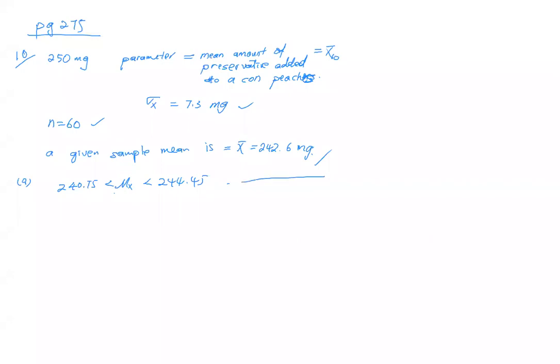I just want to let you know, if you want to round, this is your confidence interval. This one you have to round up, and this one you have to round down, so that it stays within the interval. If you want to round, this will be 240.8 and this one is 244.4.